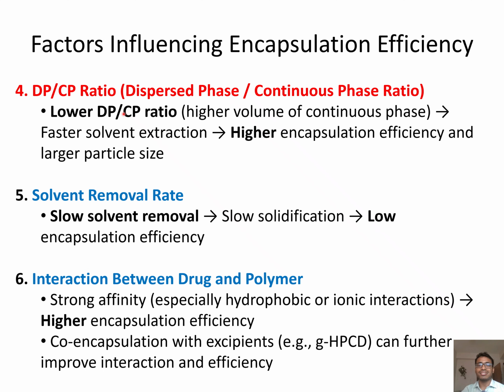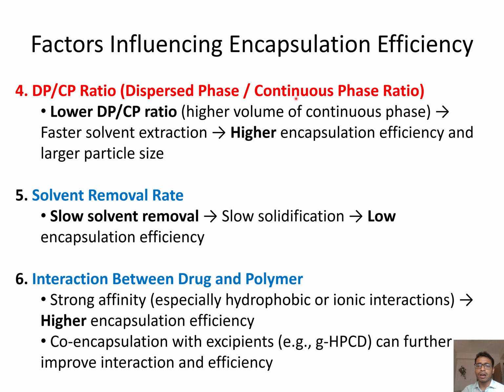Then DP by CP ratio, that is dispersed phase by continuous phase ratio. Actually it means a higher volume of the continuous phase gives faster solvent extraction and higher encapsulation efficiency. Your continuous phase should be higher. For example, in your microencapsulation process, if you have kept your continuous phase very low, your solvent very low, then what would happen?